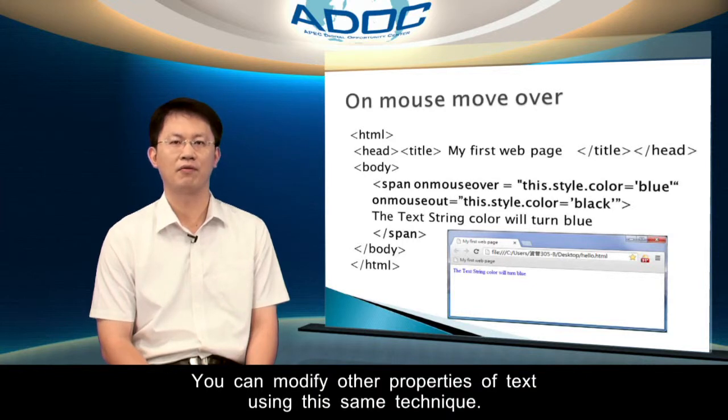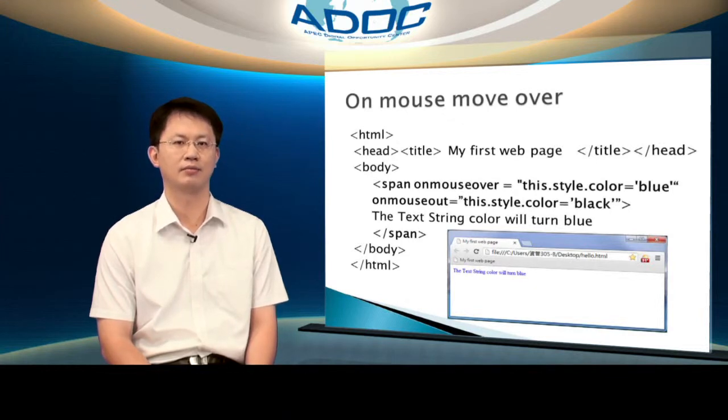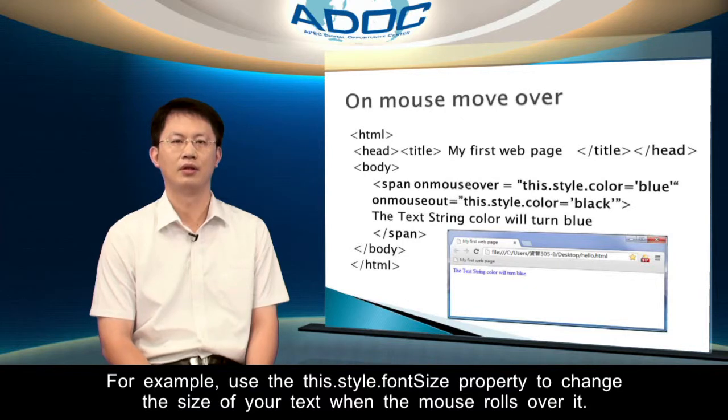And you can modify other properties of text using this same technique. For example, use the this.style.fontSize property to change the size of your text when the mouse rolls over it.